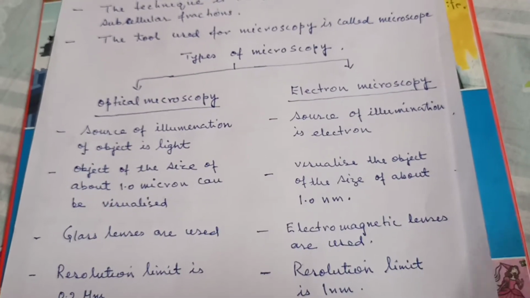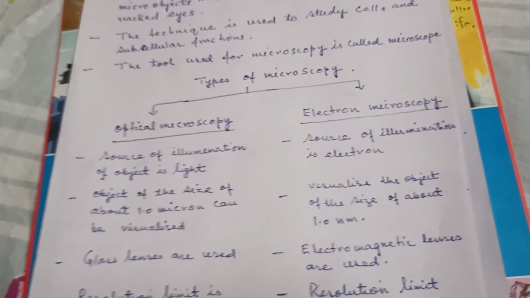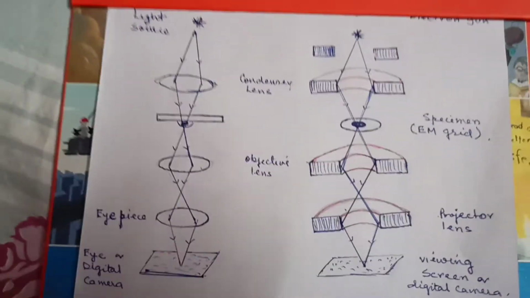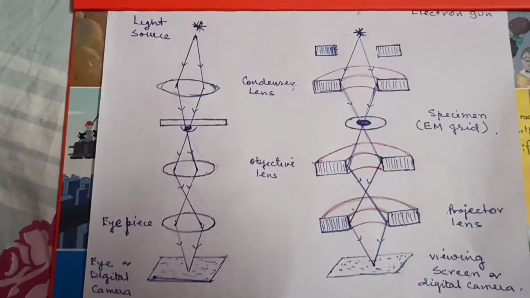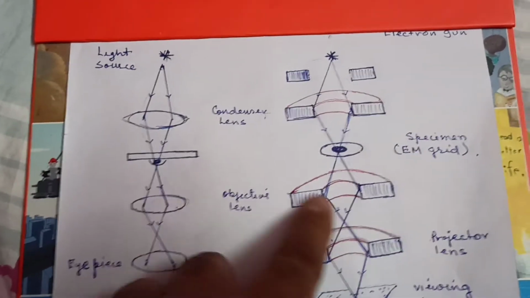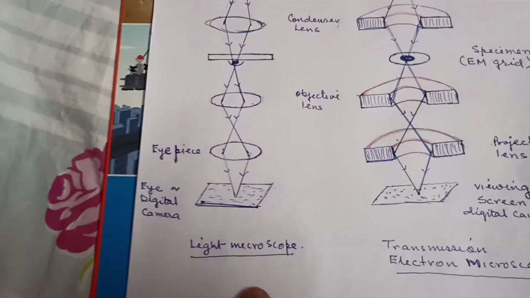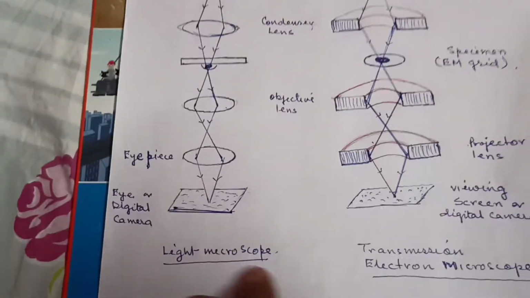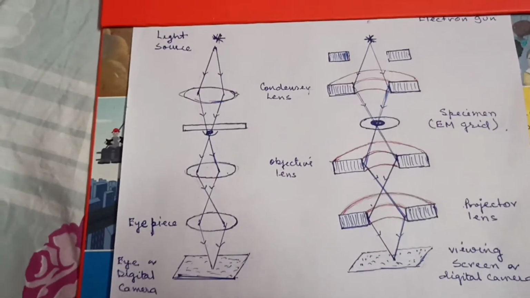So this is the difference between optical microscopy and electron microscopy. Now we will go through the diagram of the two types of microscope. This is the light microscope or optical microscope, and this is the transmission electron microscope.